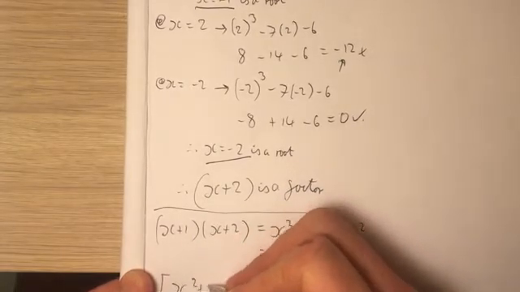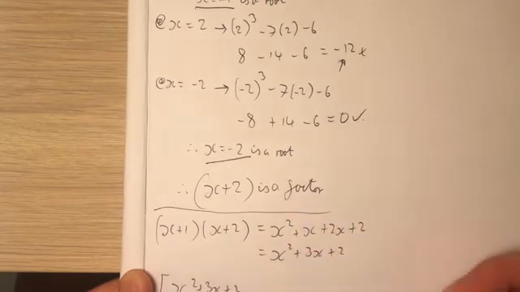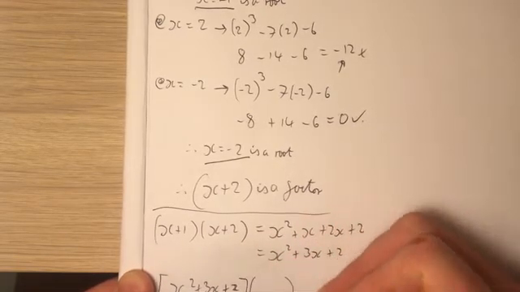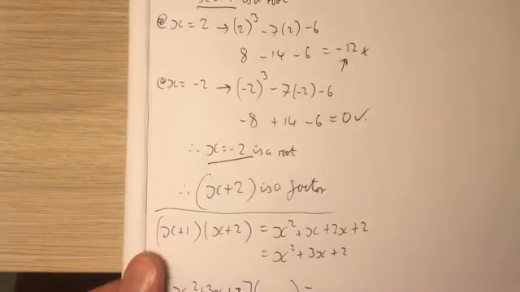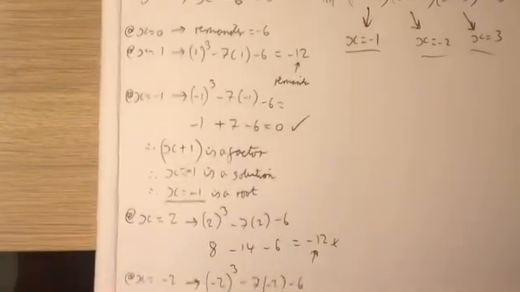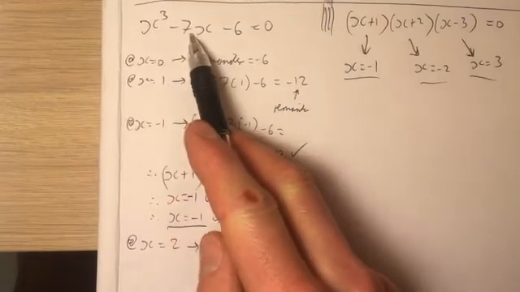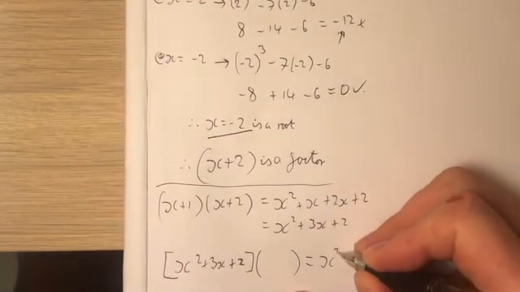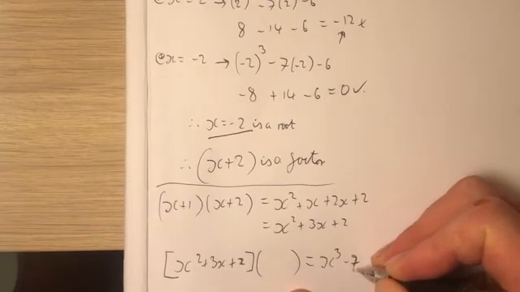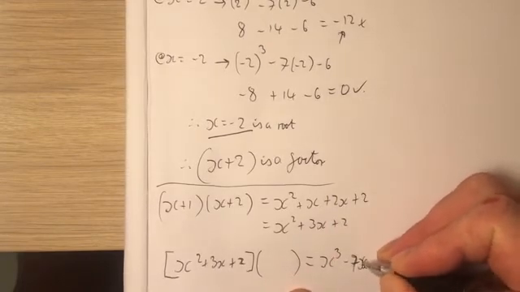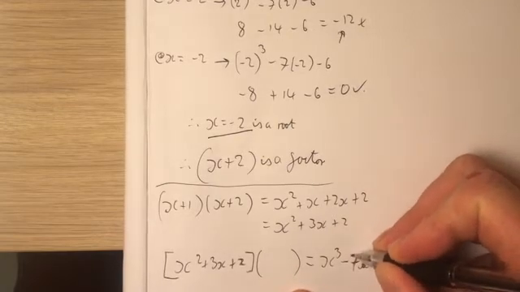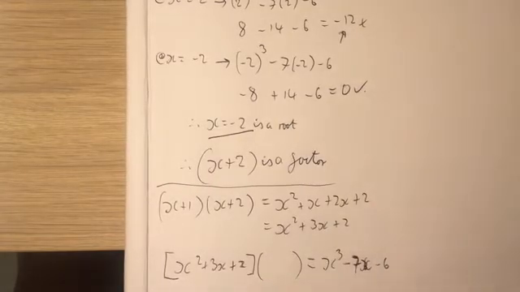So x squared plus 3x plus 2 times by something else. And I need to get my original equation that I started with, x cubed minus 7x minus 6. So that equals x cubed minus 7x minus 6.